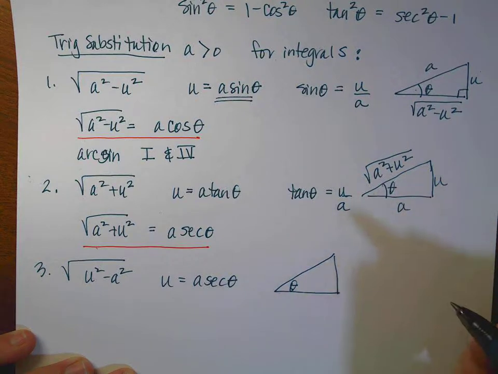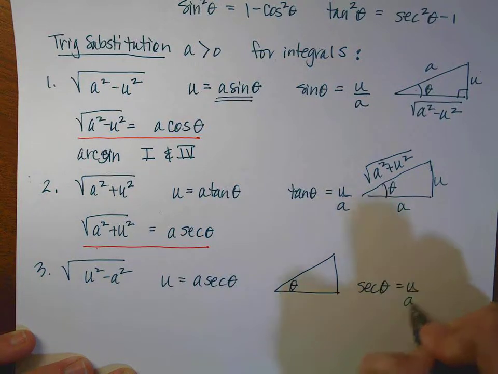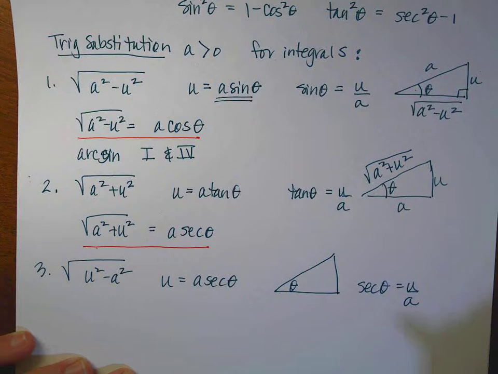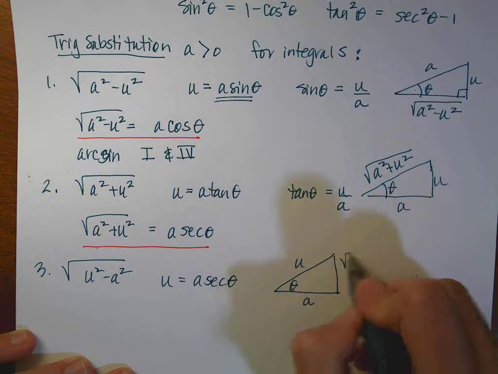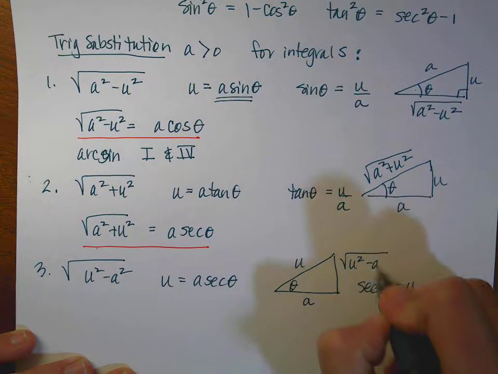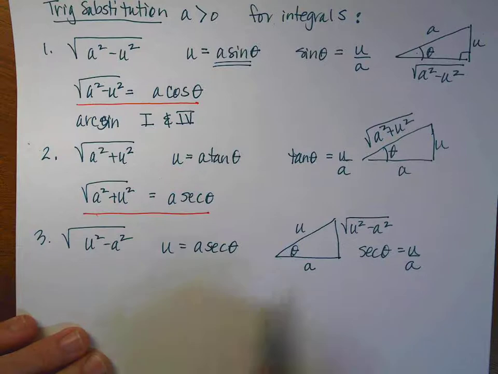I didn't draw my triangle, oh well, I'll do it now. Secant of theta equals u over a, and remember that secant is the reciprocal of cosine, so cosine would be a over u. This side over here is the square root of u squared minus a squared, and that would be my y side.